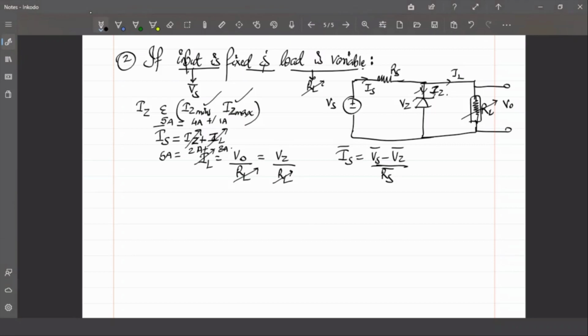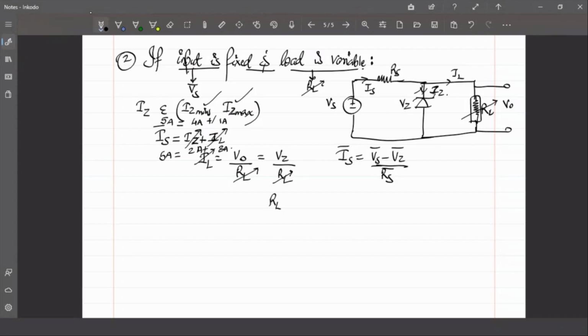So this will happen only when, what is the range? What is varying here? RL, right? So what range of values can RL have? Or the load resistance can vary within which range? That will define whether your Zener is in the reverse breakdown condition or not. So we need to find out that value of load resistance RL.